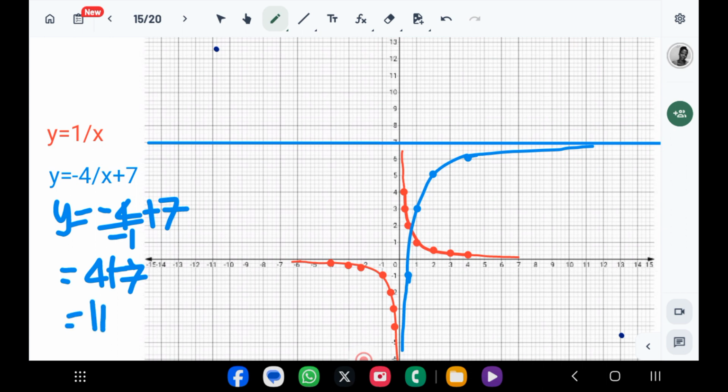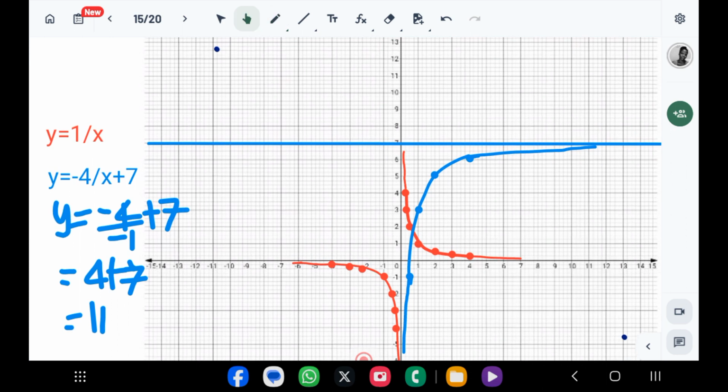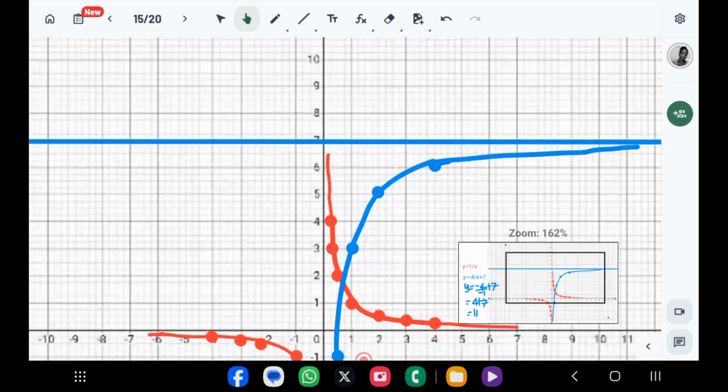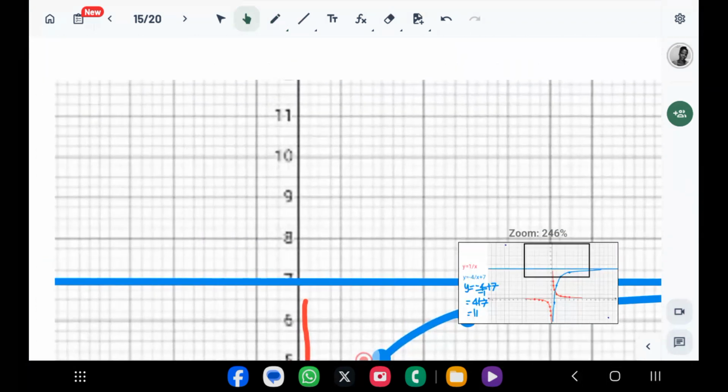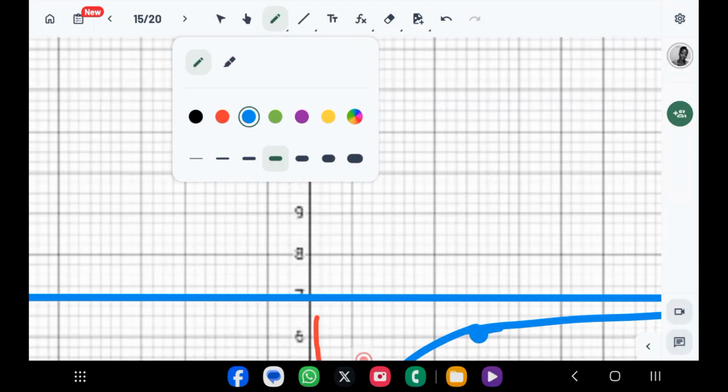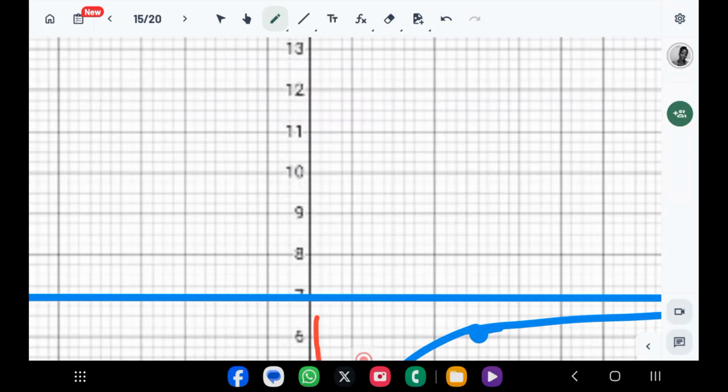Okay, when x equals to -1, we have 11. Negative 1 and 11.